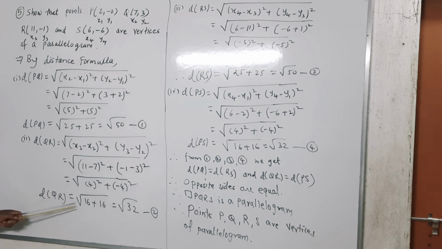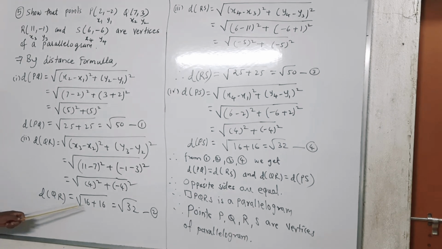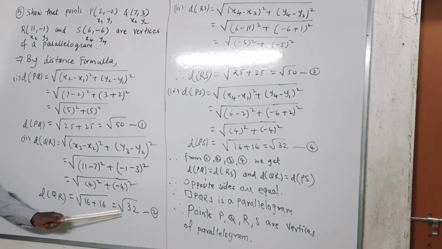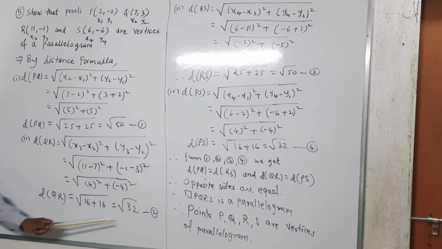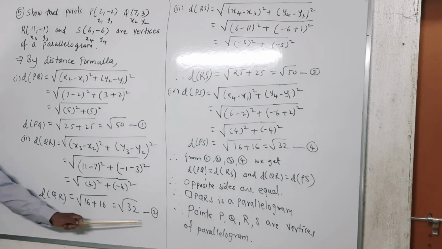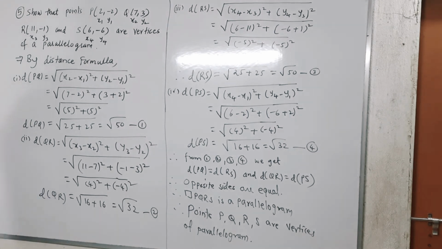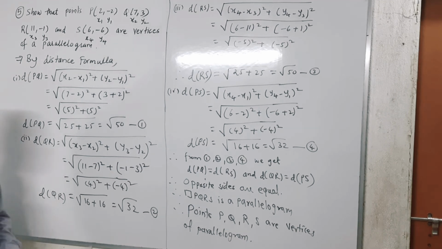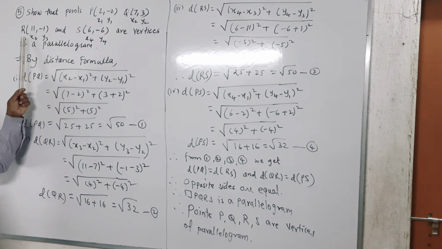Therefore, distance QR is equal to 4 square 16, that is minus 4 square 16. So under root 16 plus 16 is equal to square root of 32. So distance QR is equal to under root 32. Number 2.